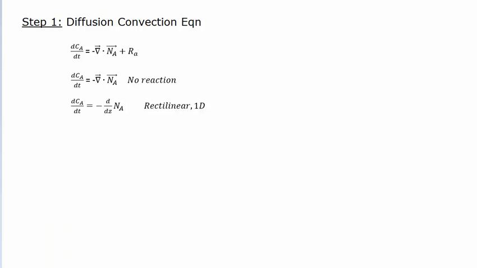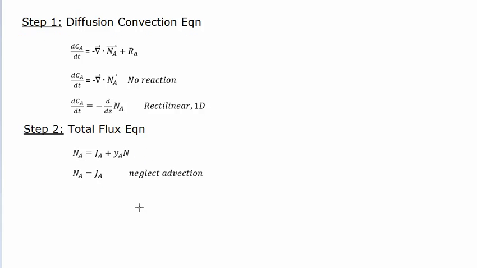As always, our second step is writing the total flux equation. By now you should have this down pretty well. We're going to use the definition with the mole fraction of A as well as the total flux, which is also for A, but it doesn't matter. To simplify the problem, for now we're going to neglect the advection term.